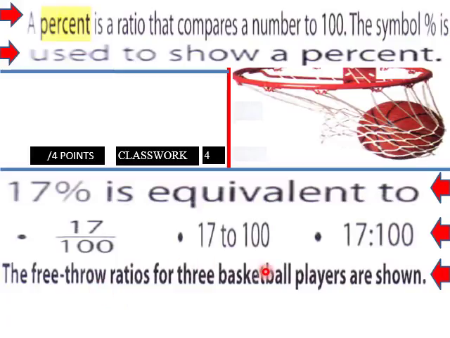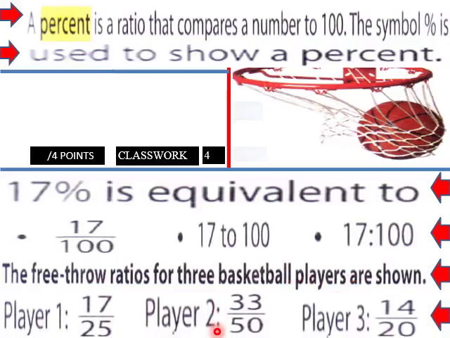The free throw ratios of 3 basketball players are shown here. Player 1, player 2, and player 3. 33 to 50, 17 to 25, 14 to 20.